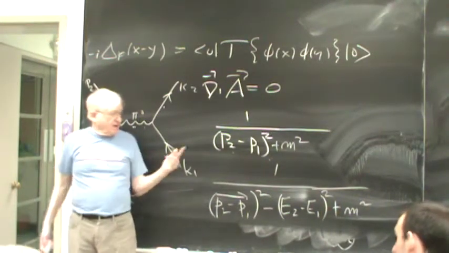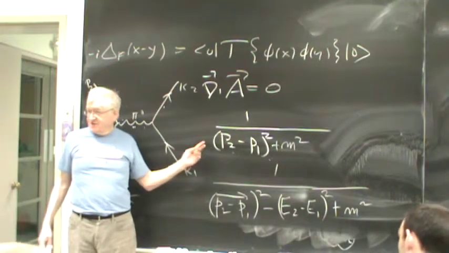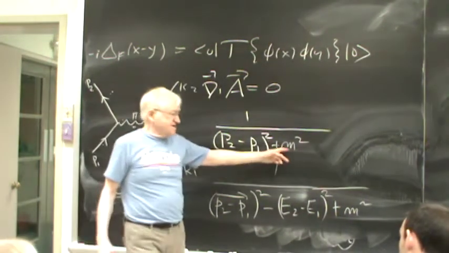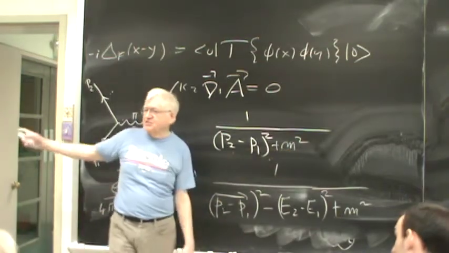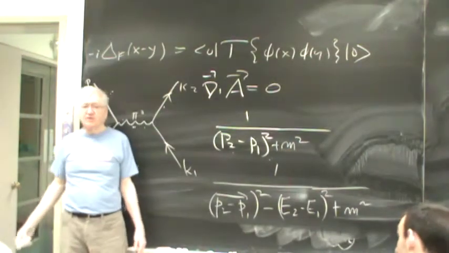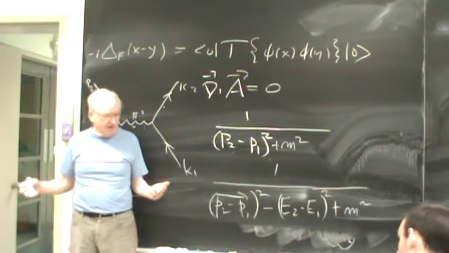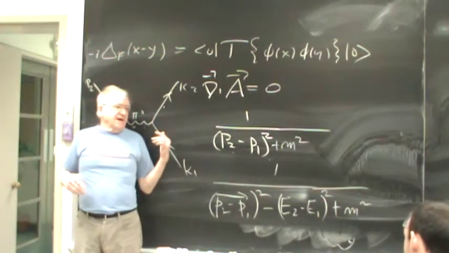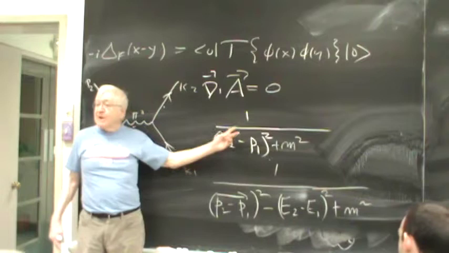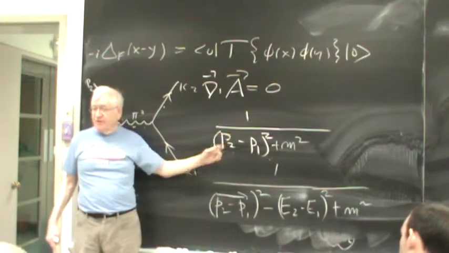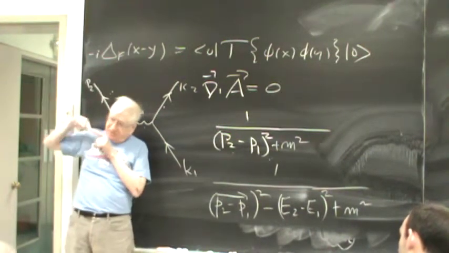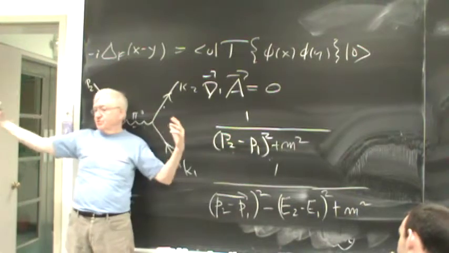Well then, it turns out your propagator is just the same as this, except m is 0. And of course you keep the I epsilon in general because in complicated diagrams it's important. Now what does this represent? This represents not only the exchange of the real photons, but also the Coulomb field.